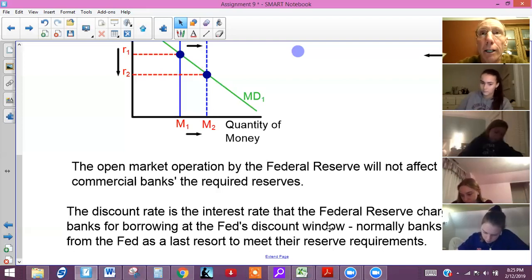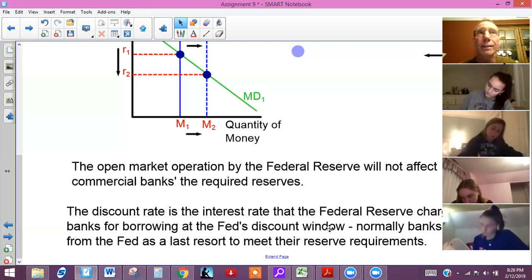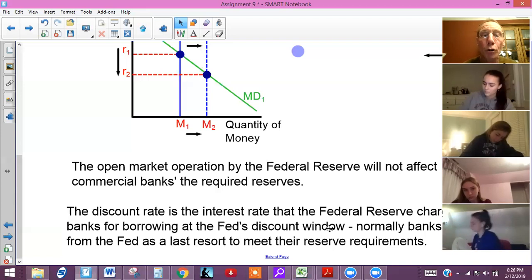Typically what banks do is they borrow whatever they have to have, and this can be done daily because their deposits are coming in and going out, loans are coming in and going out daily. So every day they may or may not need to borrow a certain amount short term to make sure they always have the required amount of reserves.